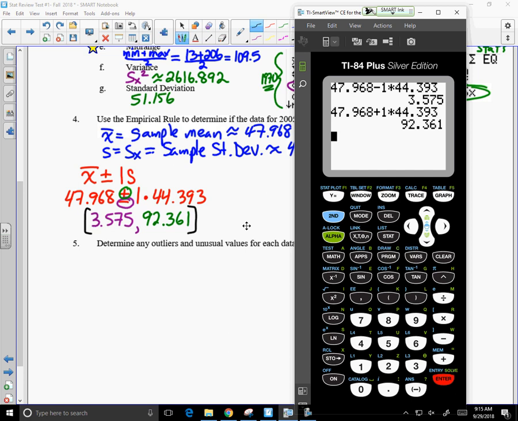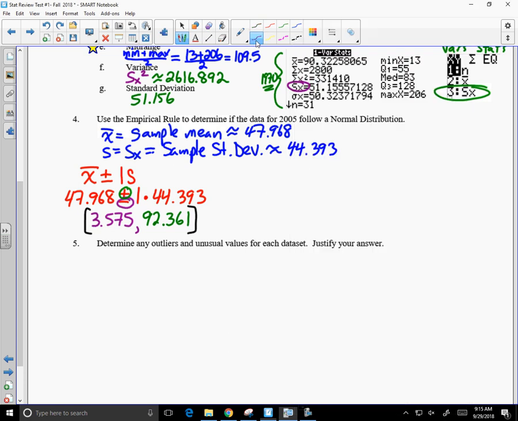So what I need are values that are between, because they're all whole numbers, between 4 and 92. So count between 4 and 92, inclusive.